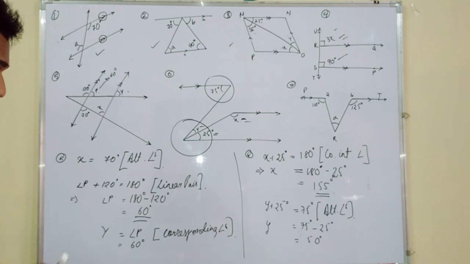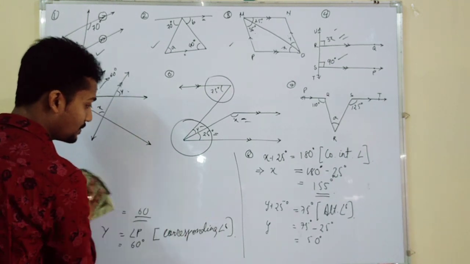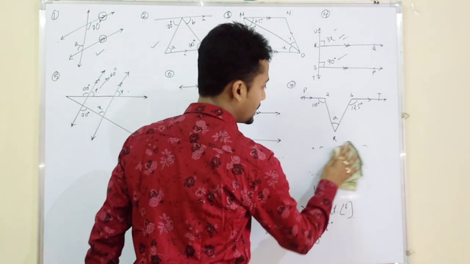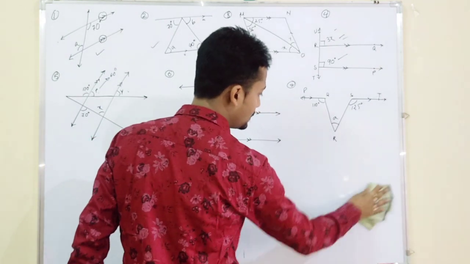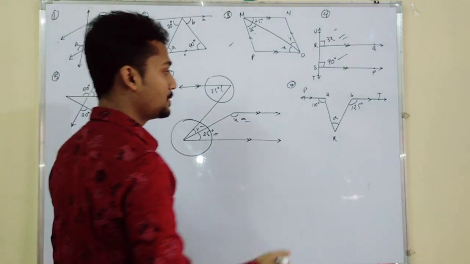Next, we are going to move on to question number 7, which is the last question of our today's class. Okay. So what is here in the figure? If you see, the figure is looking a bit incomplete and we are getting lots of trouble to find out the solution.